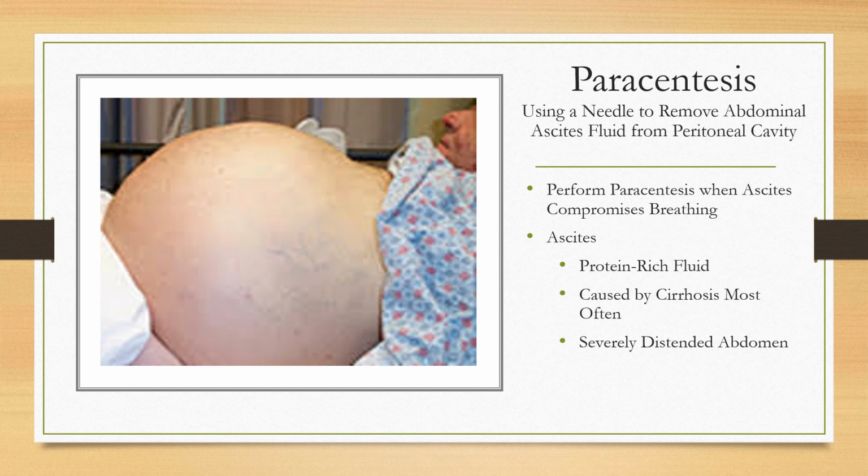Hypotension or hypovolemia can absolutely happen because we've removed 4 to 6 liters. Remember, your entire blood volume as an adult is 5 liters of blood. So when we remove 4 to 6 liters of ascites fluid, you can have fluid shifts and cause hypotension. Okay.